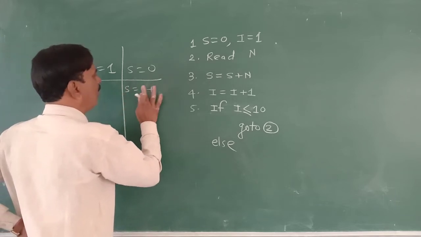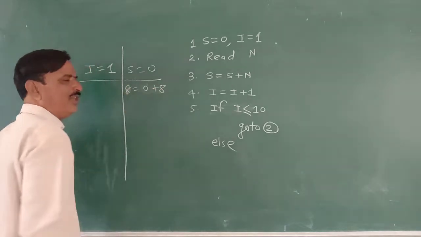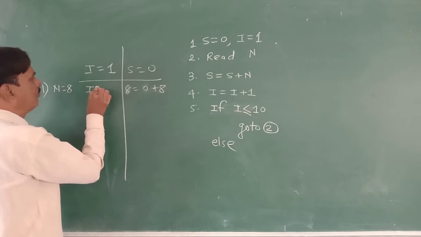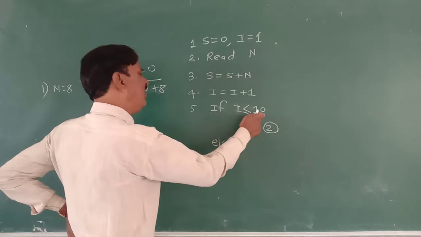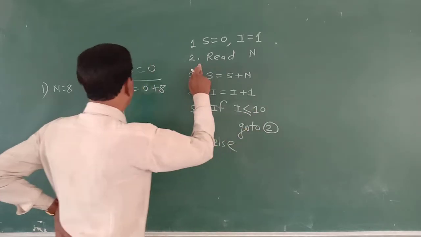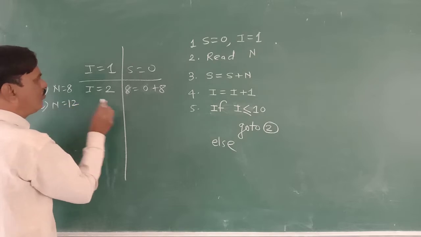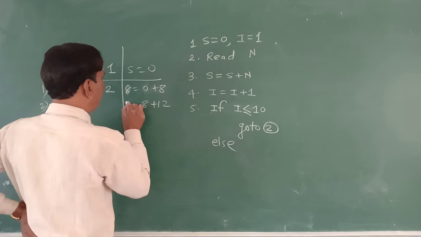It means 0 plus 8. New 8 will be there. And value of I will become 2. If I is smaller than 10, yes, then go to 2. Again do it again. Next time, n is equal to 12. So 8 plus 12, it becomes 20.